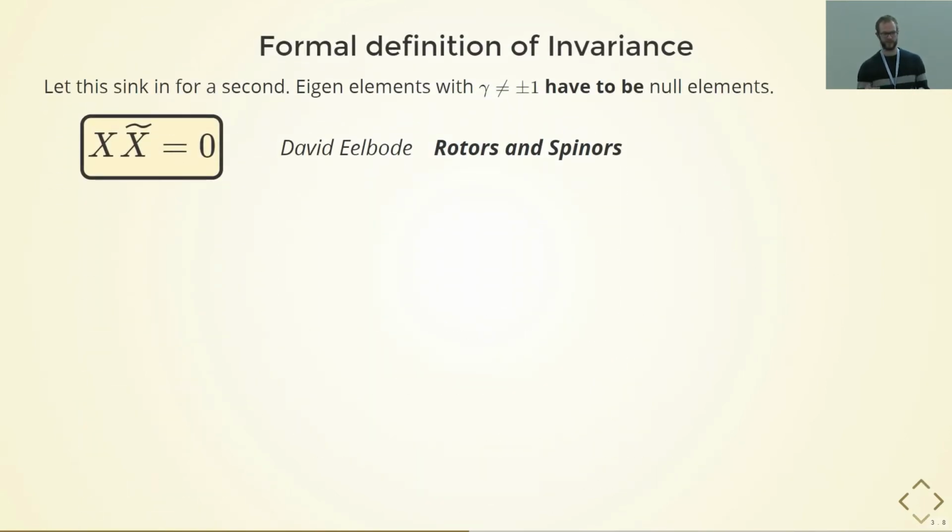So I think that's a really deep point to make, and David Ilbode in his talk will go more into that space of solutions. But the cool thing is, I think, if you are going to be a non-trivial eigenelement, so you don't have just a simple plus or negative 1 as eigenvalue, then you have to be null, which is pretty fundamental.